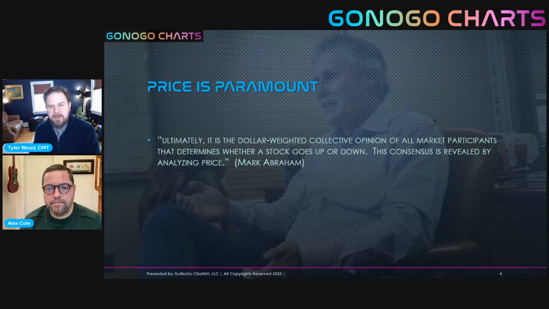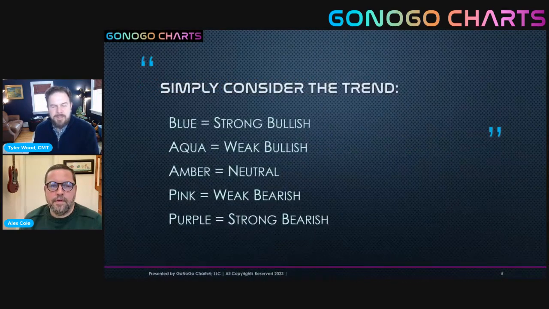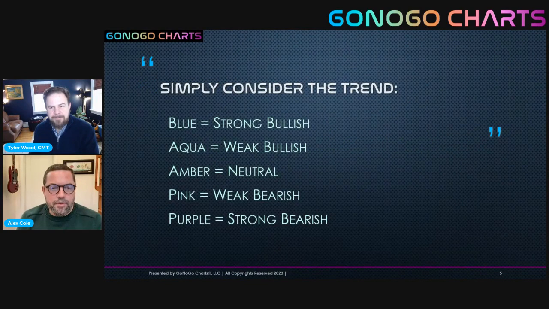So, Alex, let's move on. Quick review again of those go-no-go colors. Right. So if you remember, we've got 5 colors on the chart. The blue and aqua make up our go trends, blue being the strong form, aqua being the weaker form of the go trend. Pink and purple make up our no-go colors, pink being the weaker form of a no-go trend, purple being a strong form of the no-go trend.